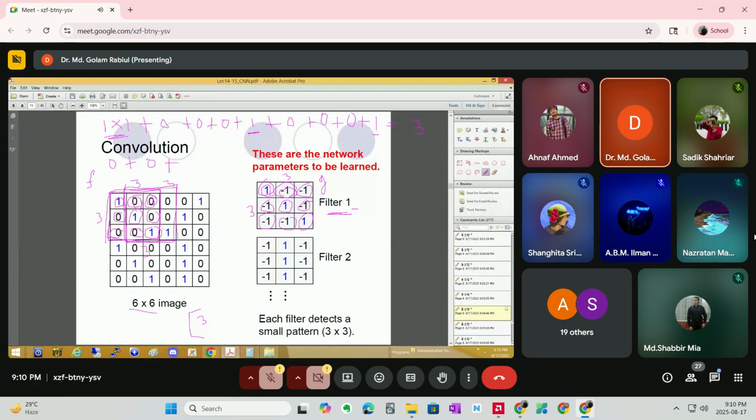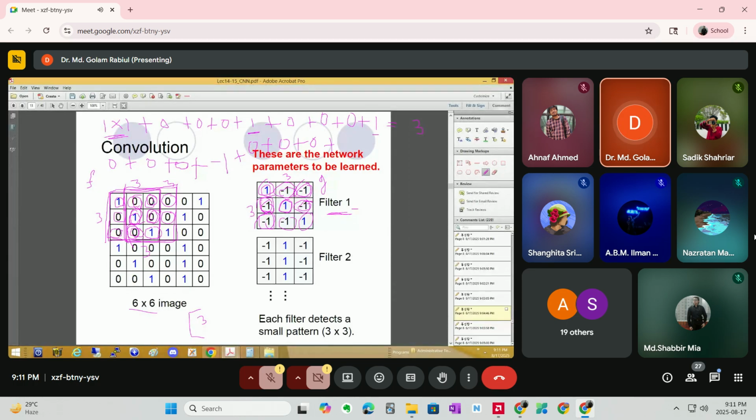Then plus 0 and negative 1, so 0, plus 1 times -1, that means we will get -1, plus 0 times 1 is 0, plus 0 and -1, that means 0.